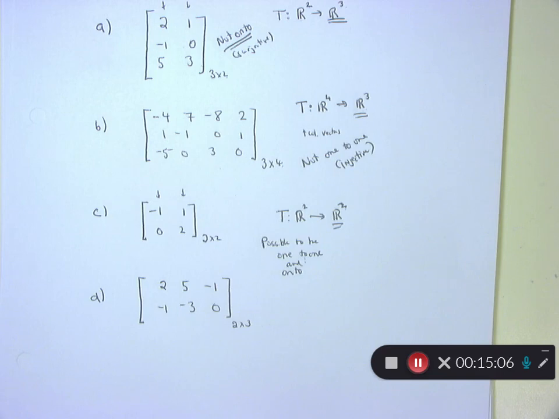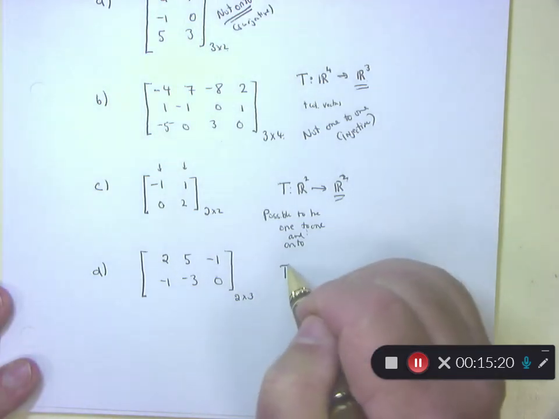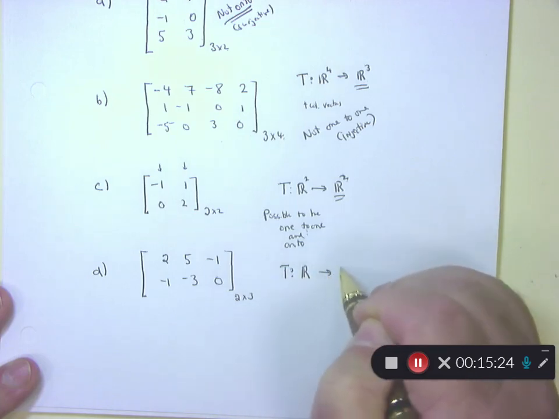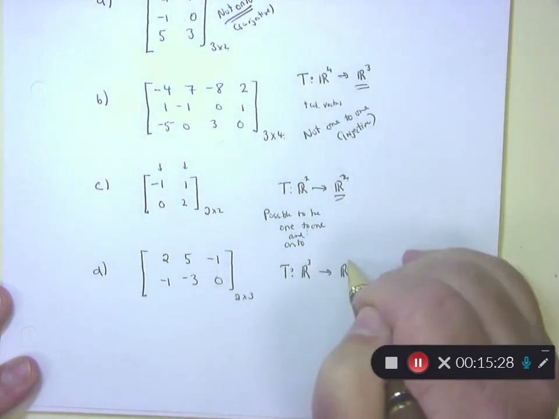Look at the next one. I have a matrix representing a linear transformation. This matrix is 2, 5, -1, -1, -3, 0. It is 2 by 3. So if it is a linear transformation, T is going to go from R what to R what? R3 to R2.